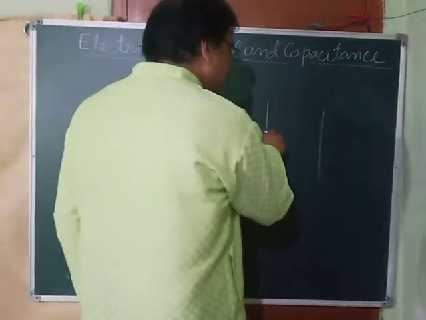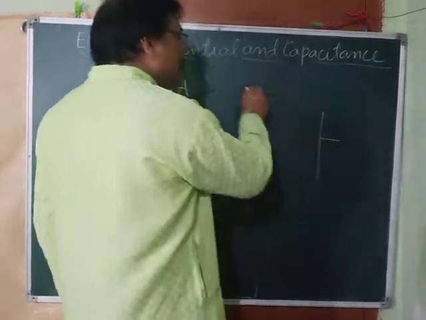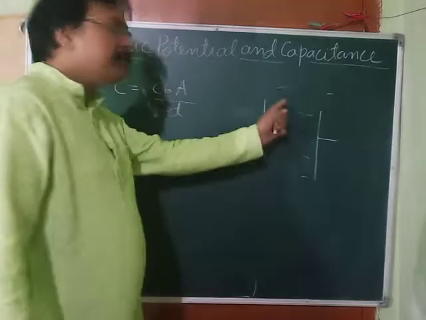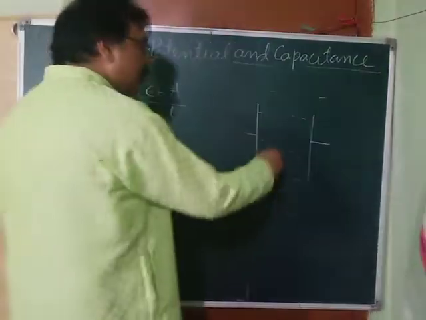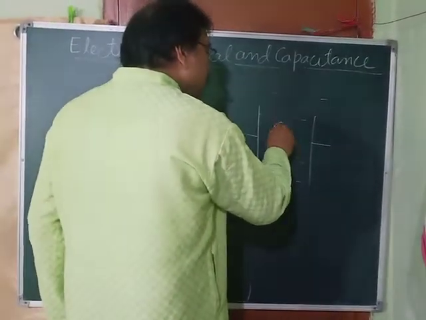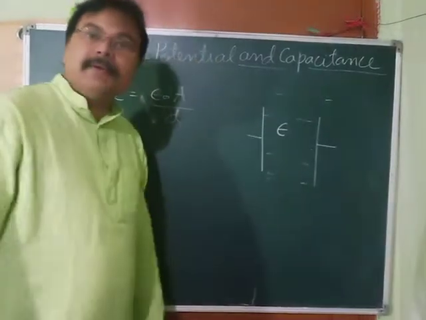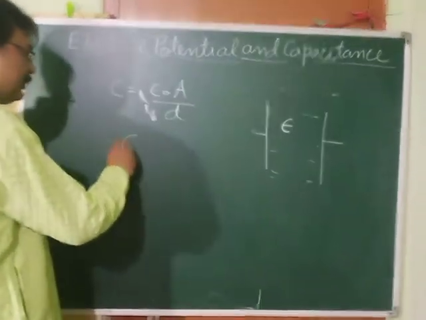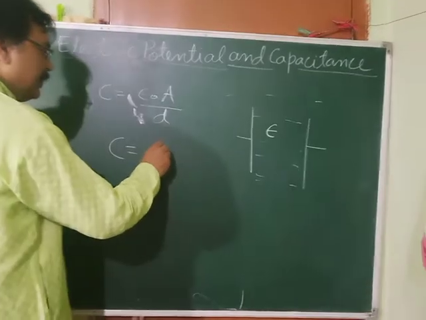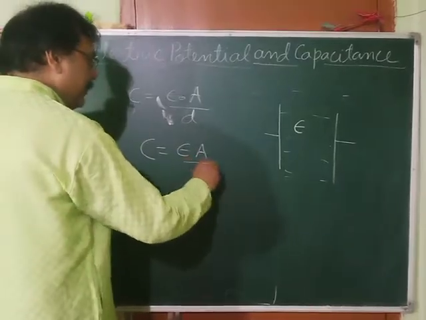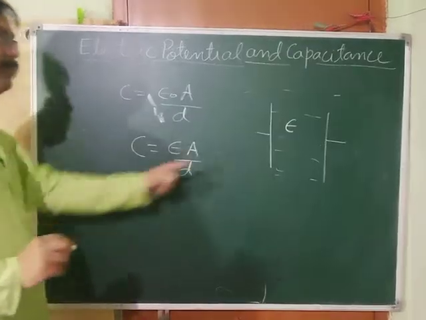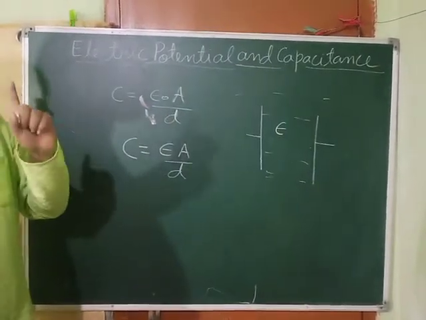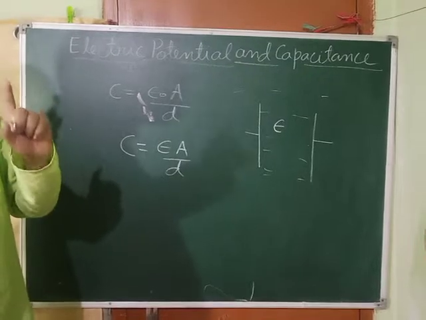Now suppose in between the plates there is some other medium. Suppose you have placed this capacitor in water, so the medium is not air. What will happen? Suppose the permittivity of that medium is epsilon. Then we can write the capacitance as epsilon A by d, not epsilon naught, because epsilon naught is the permittivity of free space, which has the value 8.85 times 10 to the power minus 12.